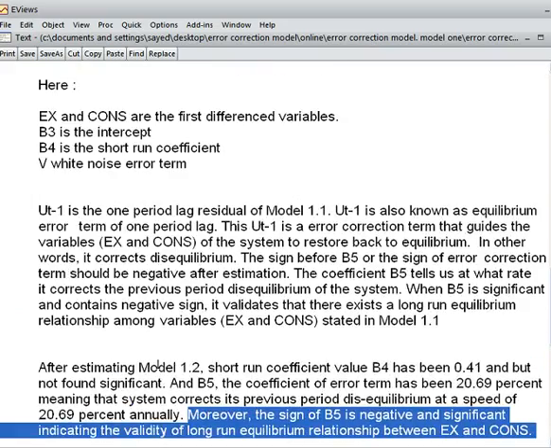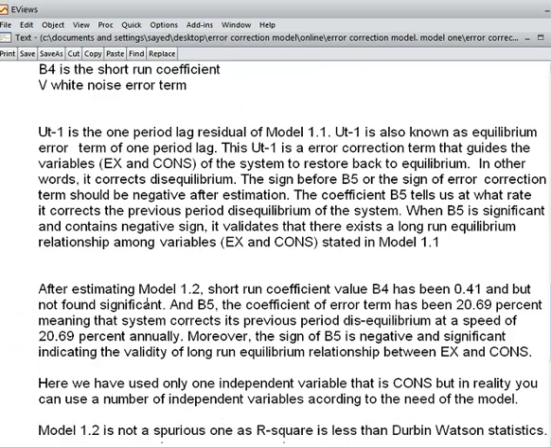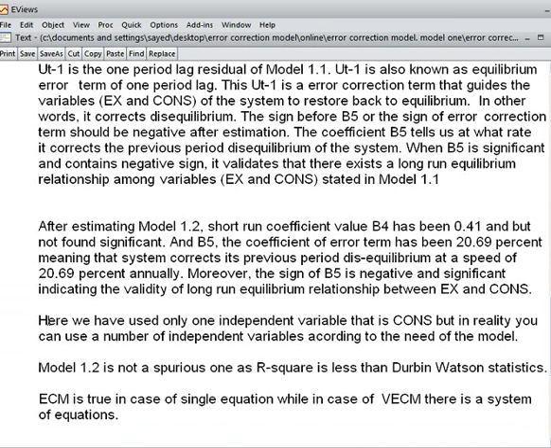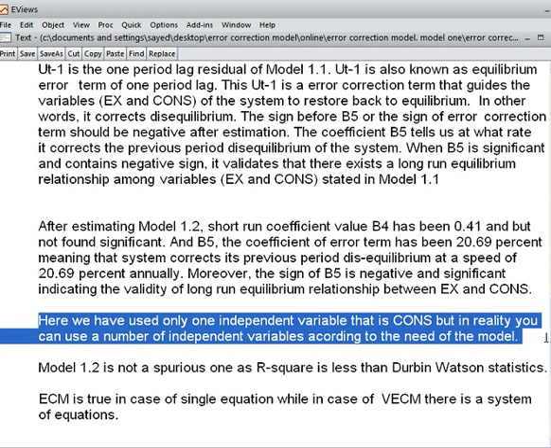In the whole error correction model, we have used only one independent variable, that is cons, but in reality you can use a number of independent variables according to the need of the model.